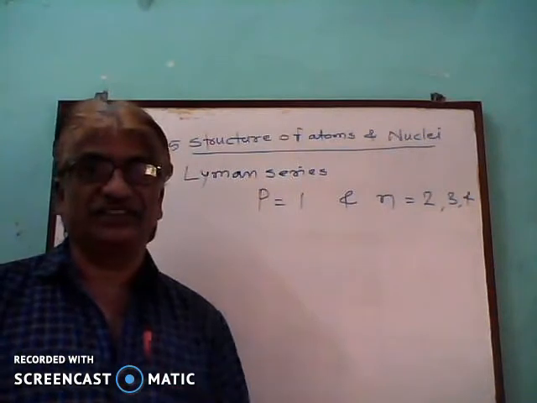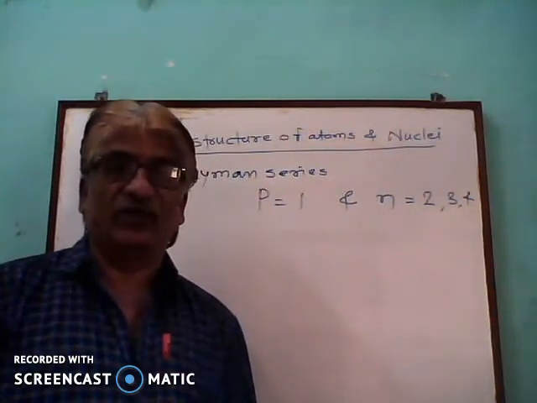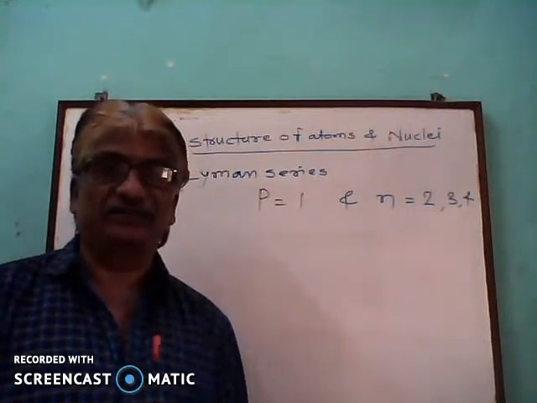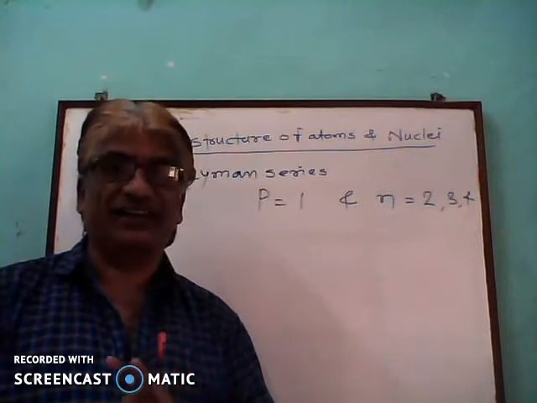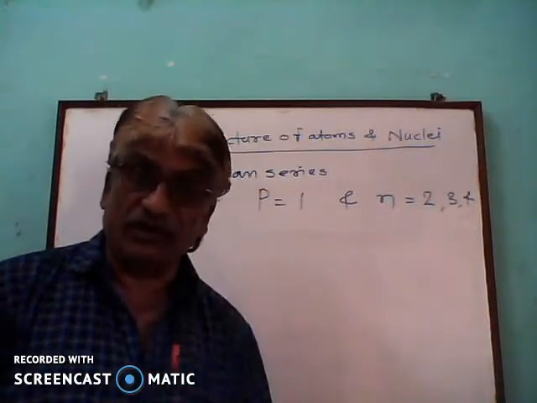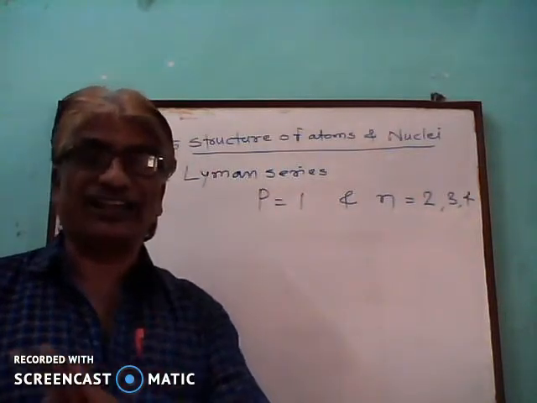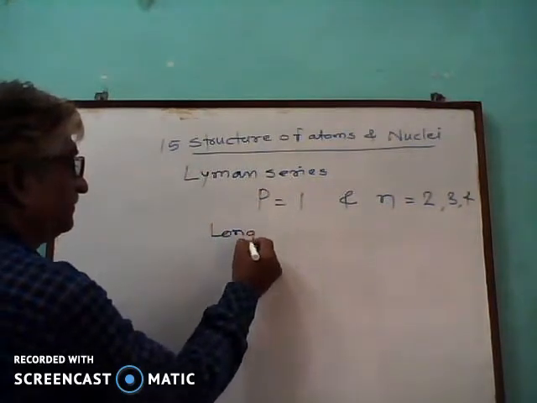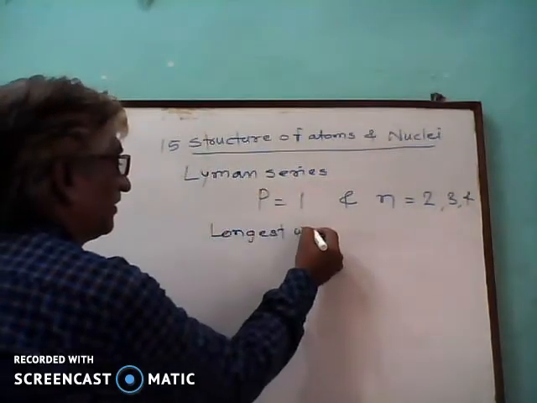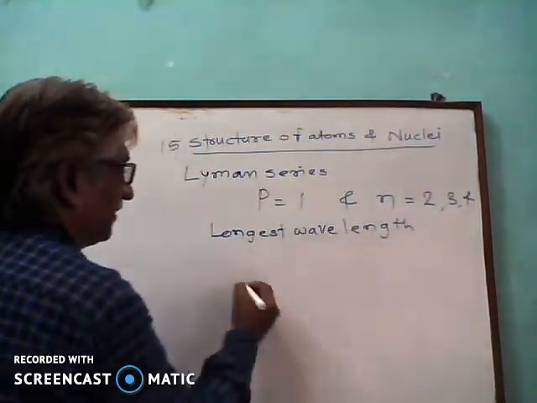So from Bohr's relation, we can determine the wavelength of the first line in the Lyman series. The wavelength of the first line in the Lyman series is called the longest wavelength. Means for longest wavelength, what happens?